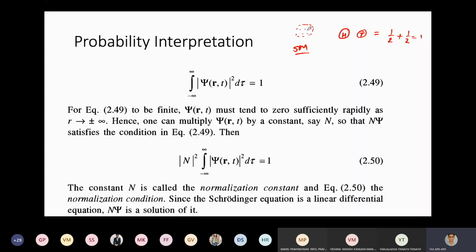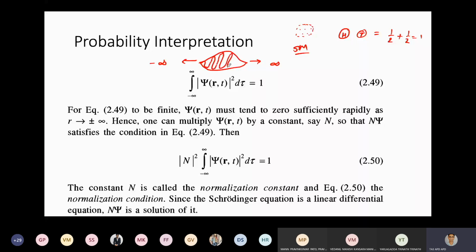Now if that is the case, then for this equation to be finite, because you are saying that this is the probability, so probability has to be finite. If you want to say that this is finite, then this function should tend to 0 sufficiently as r tends to plus or minus infinity. So if you move towards minus infinity or towards plus infinity, in the whole wave packet that we saw, it was something like this, and the whole wave is contained in the wave packet.